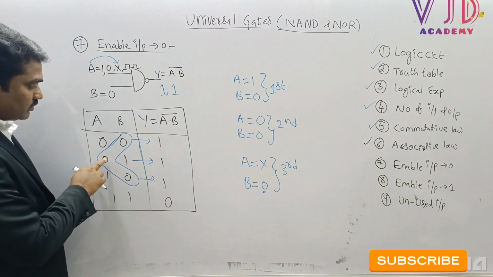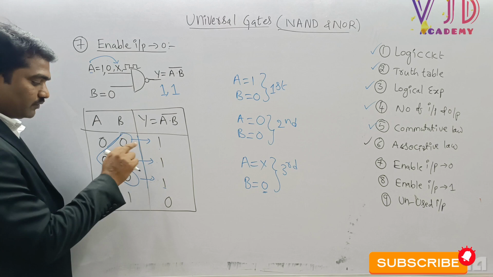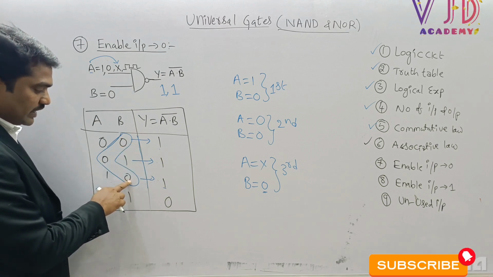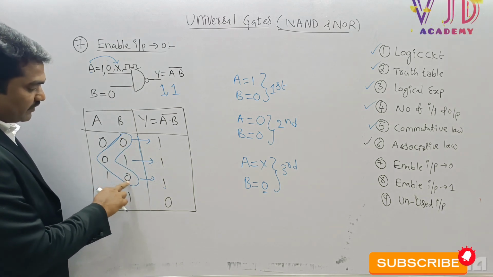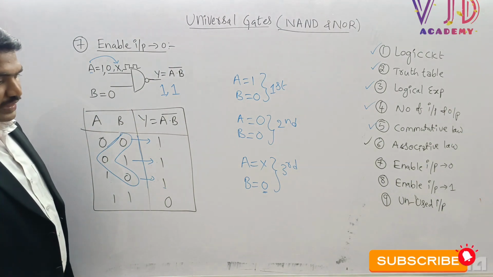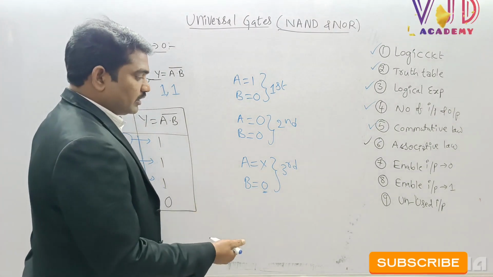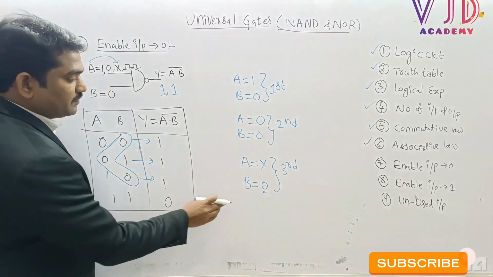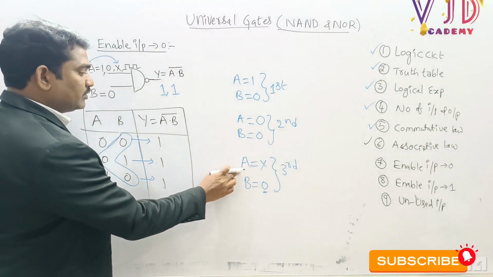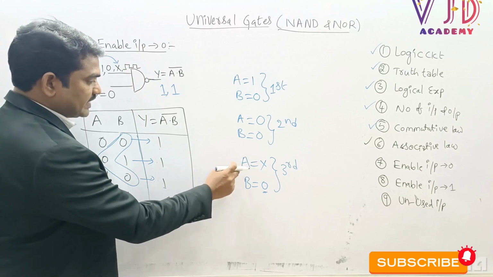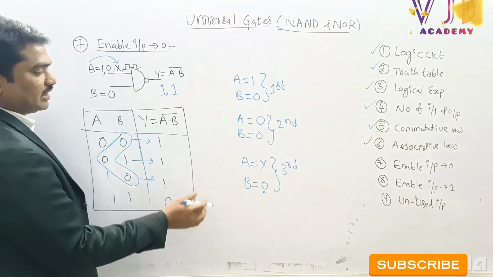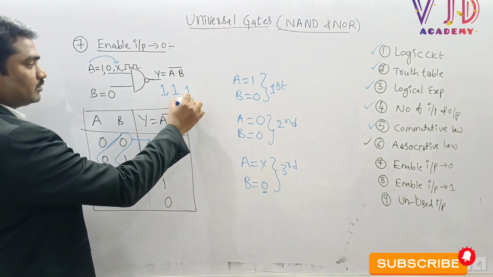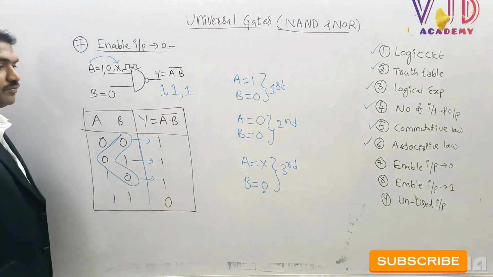And A equal to 0, though B is 1, output is 1. Here B equal to 0, third case, though A is 1, output is 1. Even though A equal to 1 or 0 or X or whatever it is, we can expect the output is, without any doubt, 1.